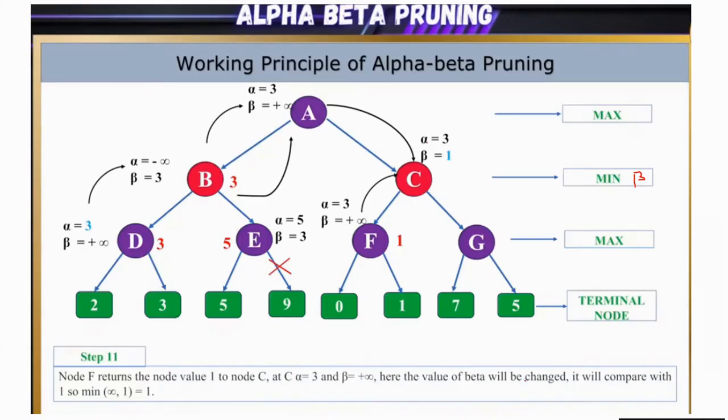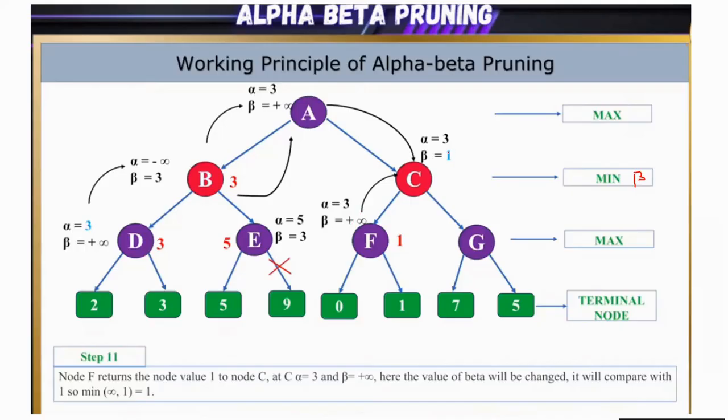Now here what it is written, it will be comparing with the value of beta and 1, right? Plus infinity and this 1 is compared, so 1 is the minimum here, right?